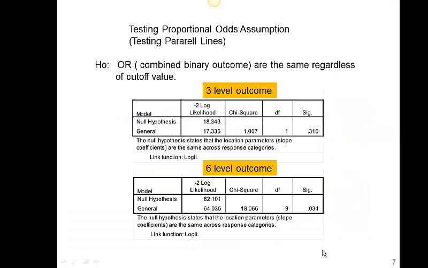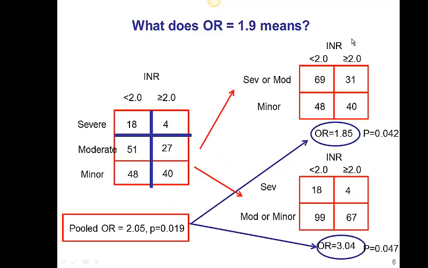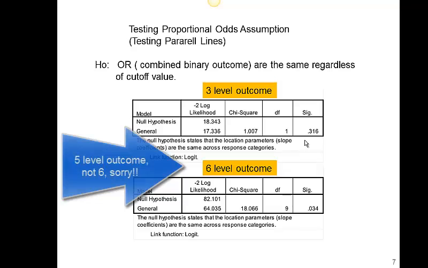Okay, so in SPSS, we can compute a p-value to examine this assumption. And as you see, the more categories you have, you can compute more of these 2 by 2 tables, right? For every single cutoff you can draw a 2 by 2 table. And therefore, the more categories you have, the more likely you are to violate this assumption.